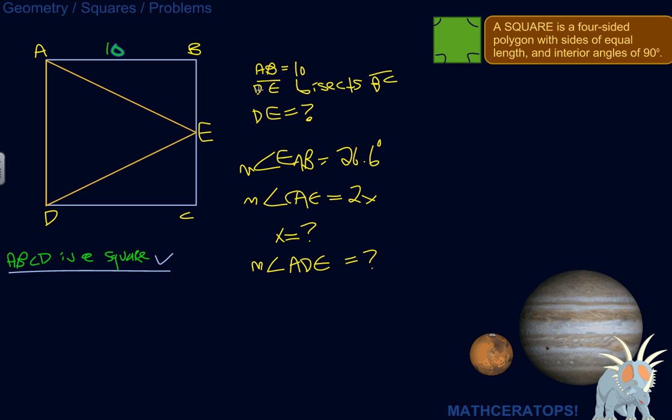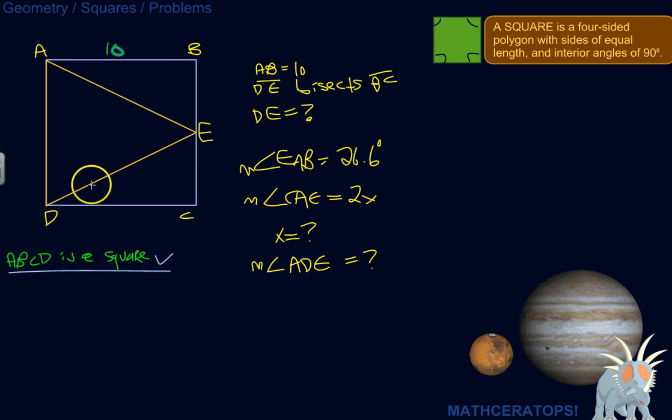Line segment DE bisects BC. To bisect something means to cut it into two equal halves. So BE is equal in length to EC, basically, is what that is saying.